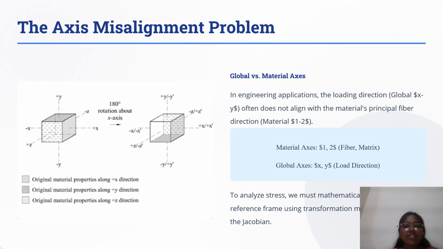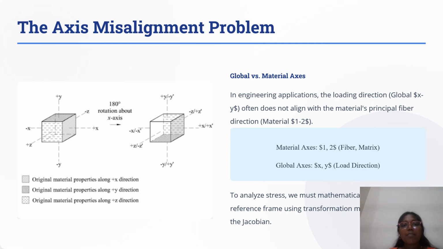This method enhances precision in structural analysis, particularly for composite materials, layered laminates, and other orthotropic engineering applications. The study confirms that the Jacobian approach is not only mathematically rigorous but also computationally efficient, making it suitable for integration into finite element analysis and other numerical methods.